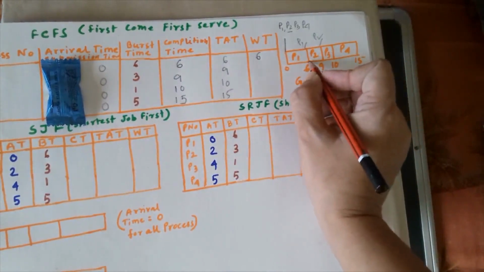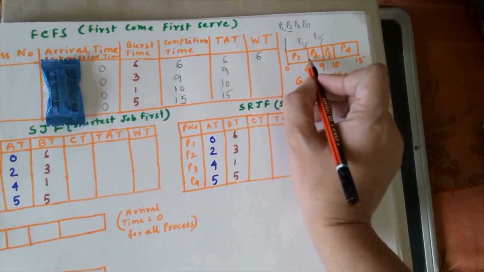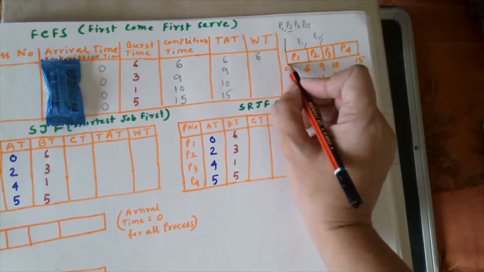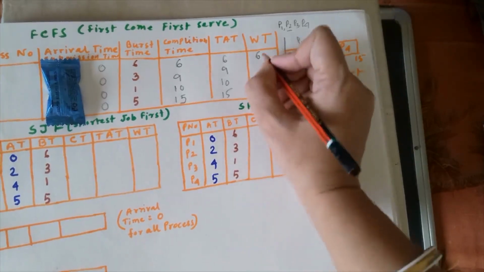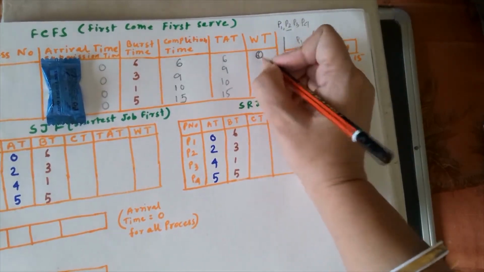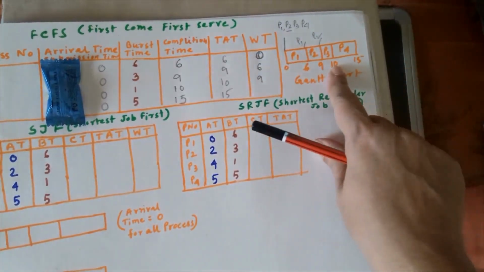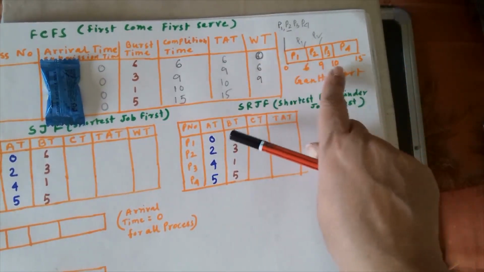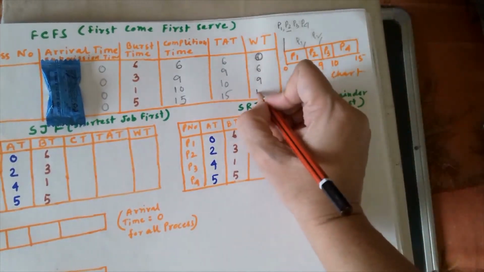P1's waiting time is 0. For P2, 0 to 6 it has waited, waiting time is 6. For P3, waiting time is 0 to 9, from 9 it has got CPU. So P1 it will be 0, P2 it will be 6, P3 it will be 9, and P4, when it was taken for execution, 10.